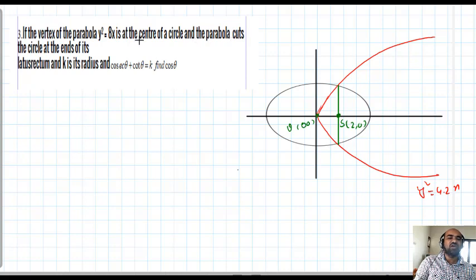And the parabola cuts the circle at the endpoints of the latus rectum, and k is the radius. Radius means radius of the circle. You just want to find the radius of the circle. That is the problem. So these are the endpoints of the latus rectum. Already you know how to find endpoints of latus rectum.